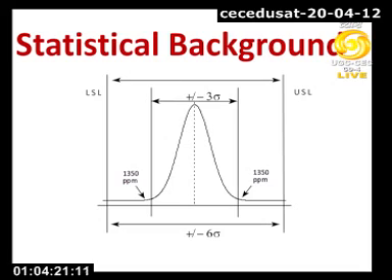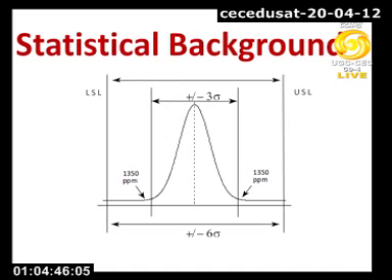Now, if we see the process plus minus 3 sigma levels, out of range is only 1350 ppm on both sides, on the negative side as well as on the positive side. 1350 ppm is nothing but 0.135 percent on both sides.